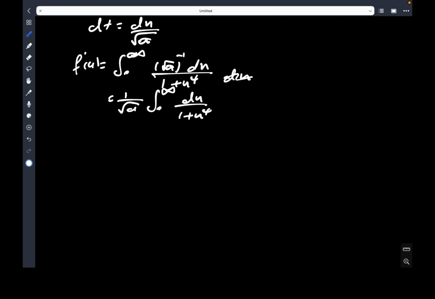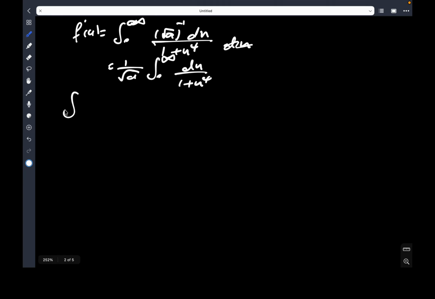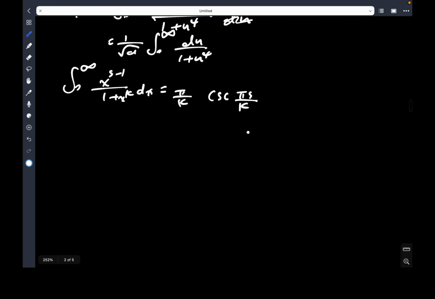And there is a general solution for this integral from 0 to infinity of x to the s minus 1 over 1 plus x to the k dx, which is equal to pi over k cosecant of pi s over k. And in this case, s equals 1 and k equals 4.